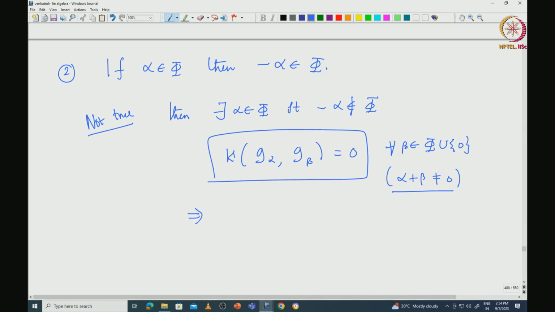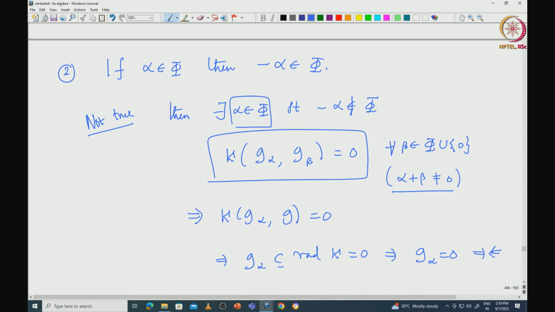But then this implies immediately that kappa of G alpha with G must be 0. So, G alpha lies inside the radical of kappa, but since kappa is non-degenerate, the radical of kappa must be 0. That implies G alpha must be 0, but that is a contradiction with the definition of elements of phi, because we collected elements of phi so that G alphas are non-zero. So, if alpha is in phi, then minus alpha also must be in phi.